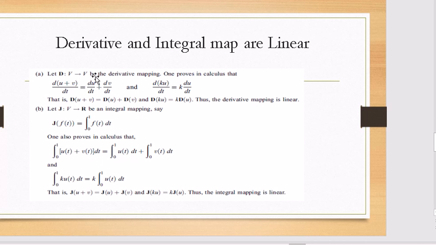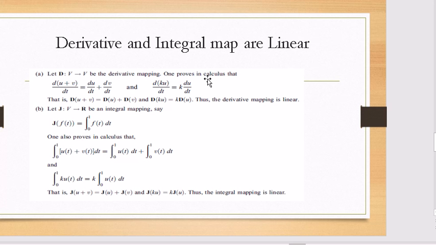So here we discuss some important and famous maps, the derivative and integral maps. These maps are also linear. Consider the derivative map. This derivative map is defined from the vector space V to itself. These two vector spaces are the same. And D is the derivative map.